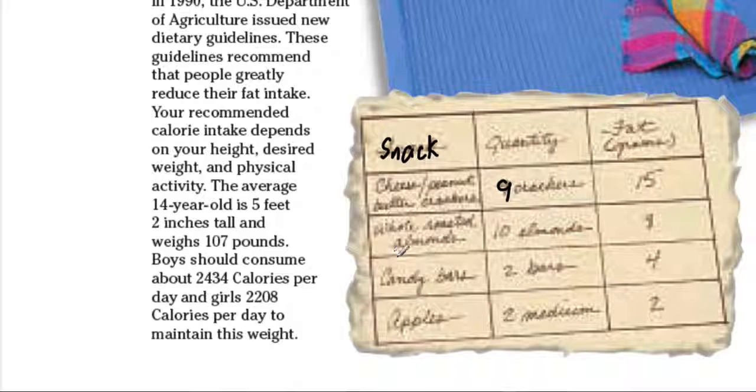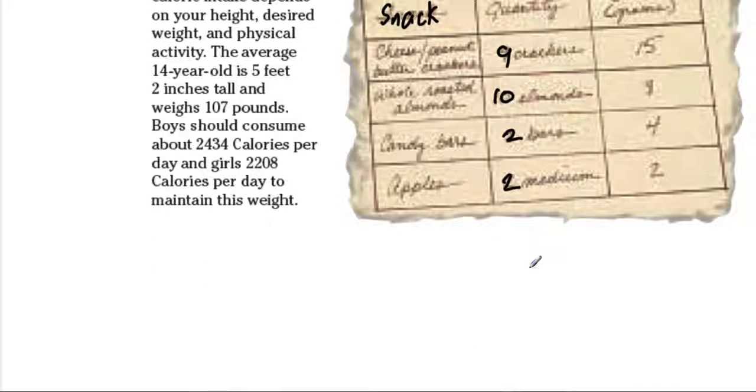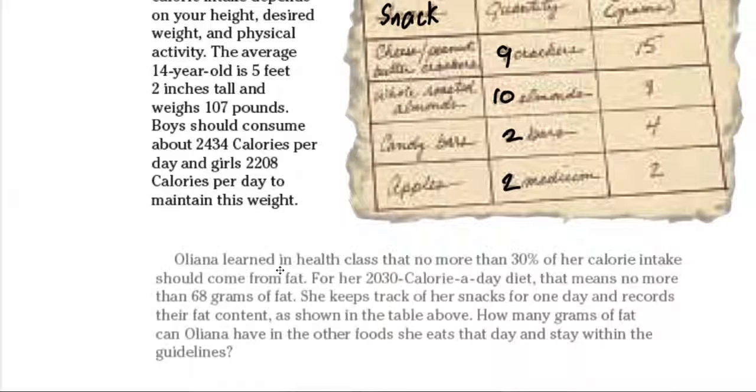Here are whole roasted almonds, 10 almonds. Candy bars, 2 candy bars, and apples, 2 medium apples. Okay, so that's our chart. Let's see what this has to do with anything.